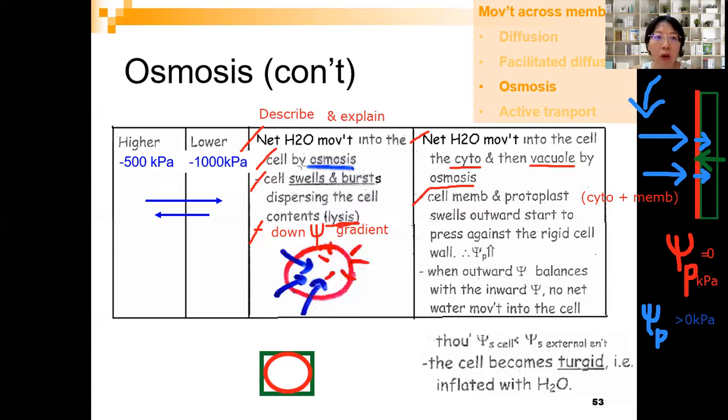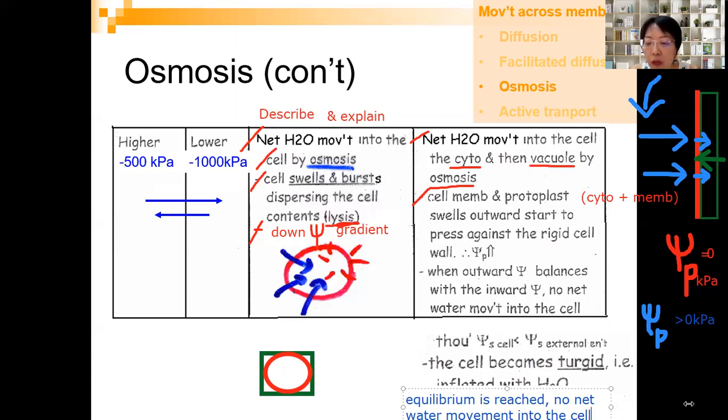Now, when the water can no longer enter the cell anymore, there's no net water movement in the cell. So that means at that time, equilibrium is reached, right? So we say that equilibrium is reached, okay?